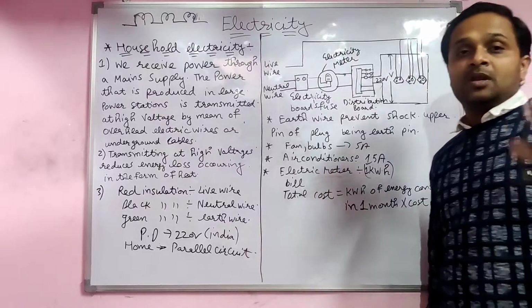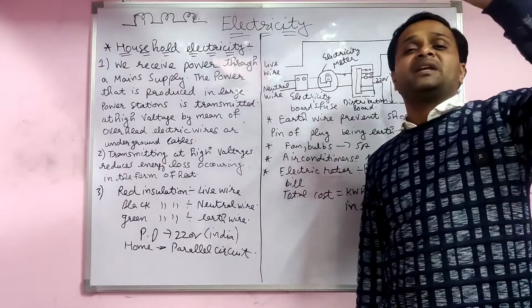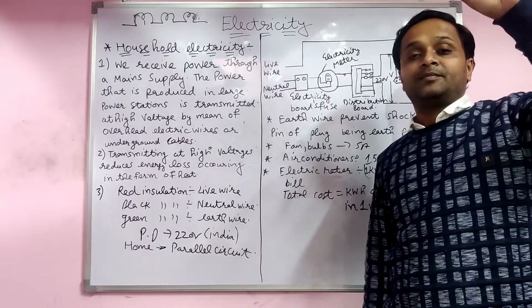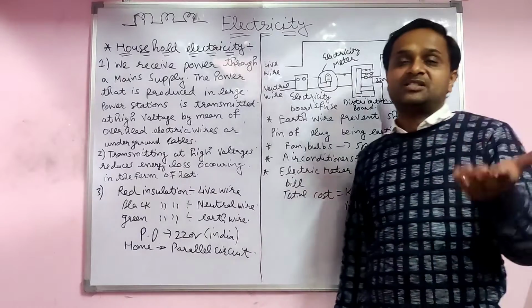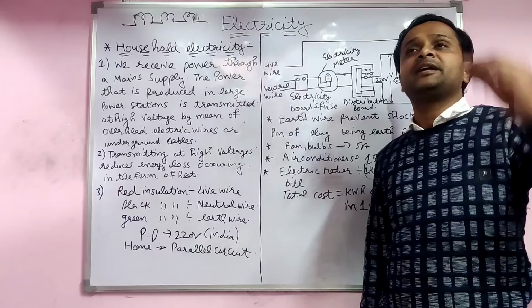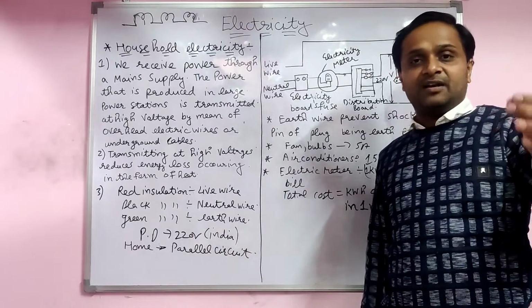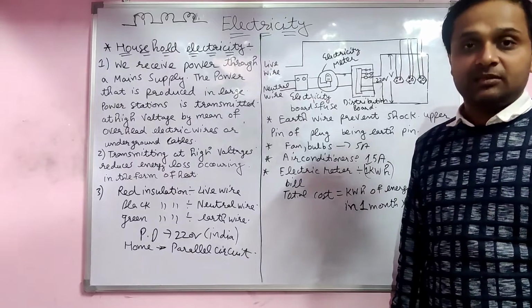In the 3-pin plug, the upper pin is for earthing. Sometimes we are not using it now, but anybody constructing a new home always puts in the earthing. How do you put the earthing? Connect the wire with a metal plate and bury it under the earth.